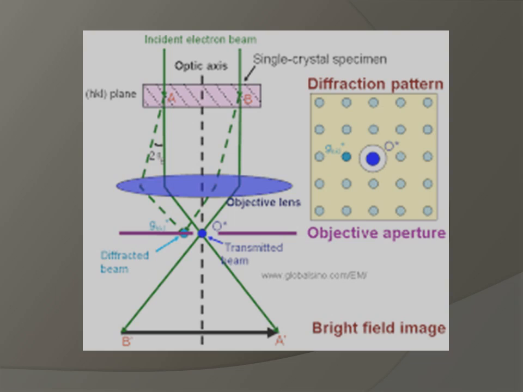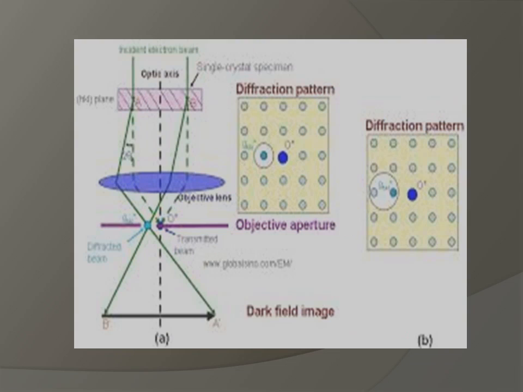As you can see, the incident electron beam, after transmission through the sample, gets focused by the objective lens, and there is a pattern that we get on the fluorescent screen. And the next one is the dark field image. You can see the difference in the diffraction pattern. That is the difference between both the field images.